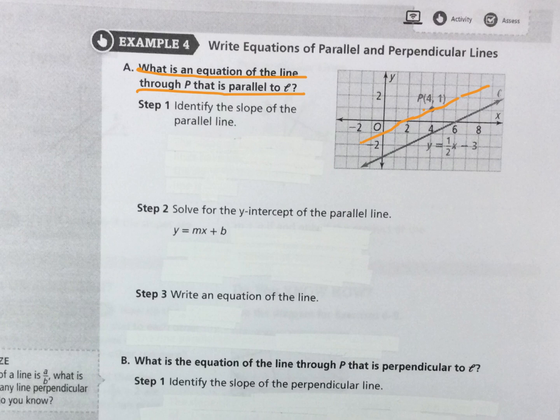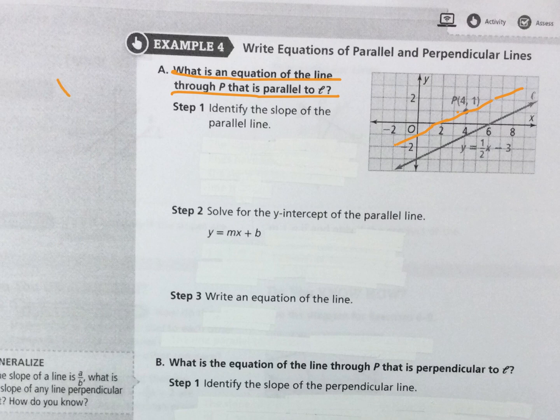An equation of a line is y equals mx plus b, and in any y equals mx plus b, I need a number for m and a number for b. I know I can get m, that's the slope. The slope is going to be the same as the parallel line, so 1/2.